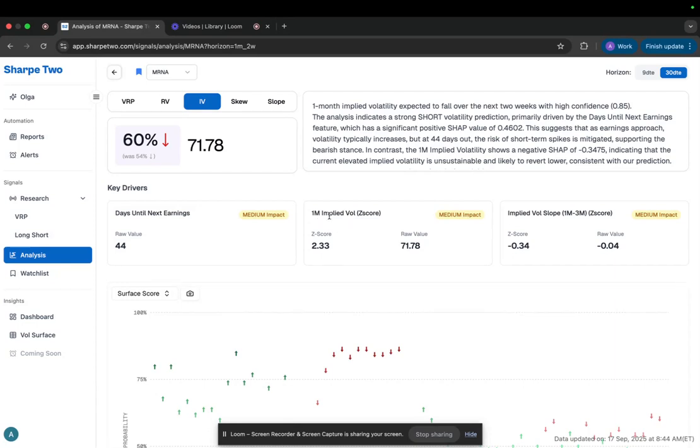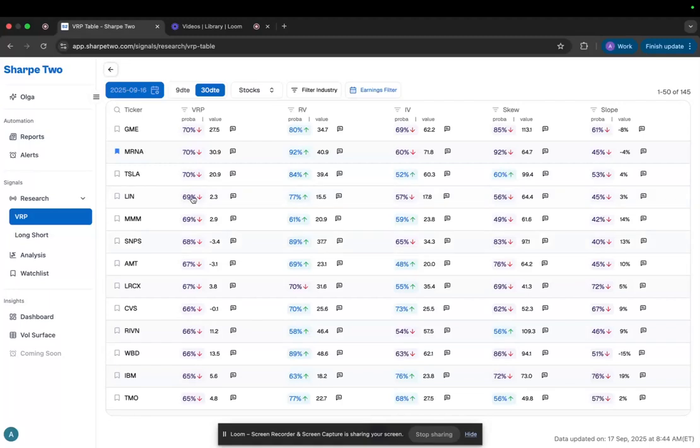If you just look at implied to take a decision whether or not you should sell it, that's not a good idea. You should always put it in the perspective of realized volatility. But once you are inside that framework, that's really how you want to go from the VRP in here, the VRP table, and then try to build a little bit more confidence into the trades that you pick.